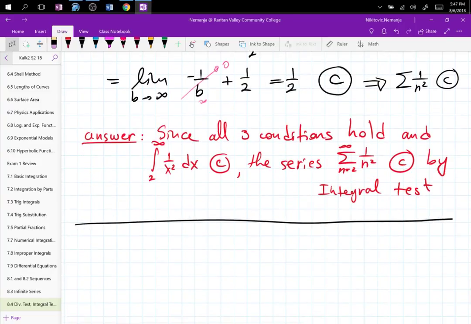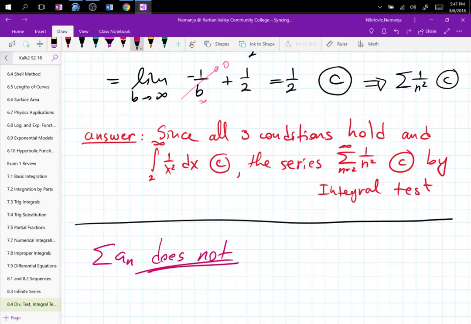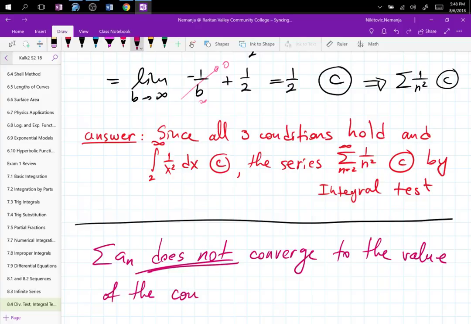So, series a_n does not converge to the value of the convergent integral.